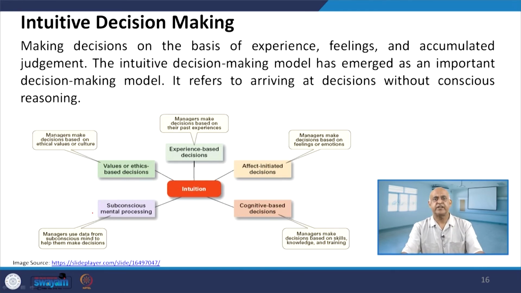So, knowledge, attitude and skills play a very important role in taking decisions. They use data from the subconscious mind, and therefore subconscious mind patterns are also used, along with experience, to make the best decisions. Naturally, whoever is a leader will like to take the decision on the basis of his experiences. So, it is becoming very important that all decision making models will work through intuition.